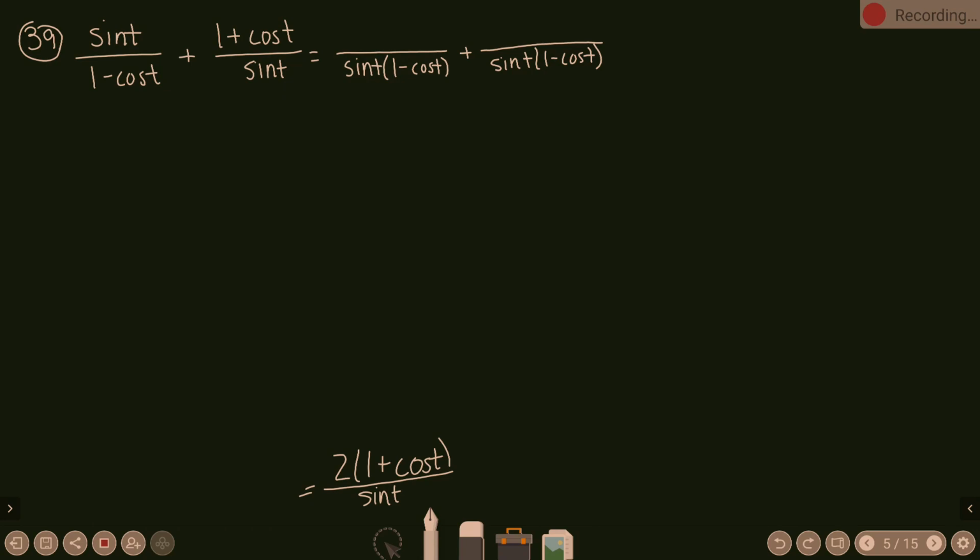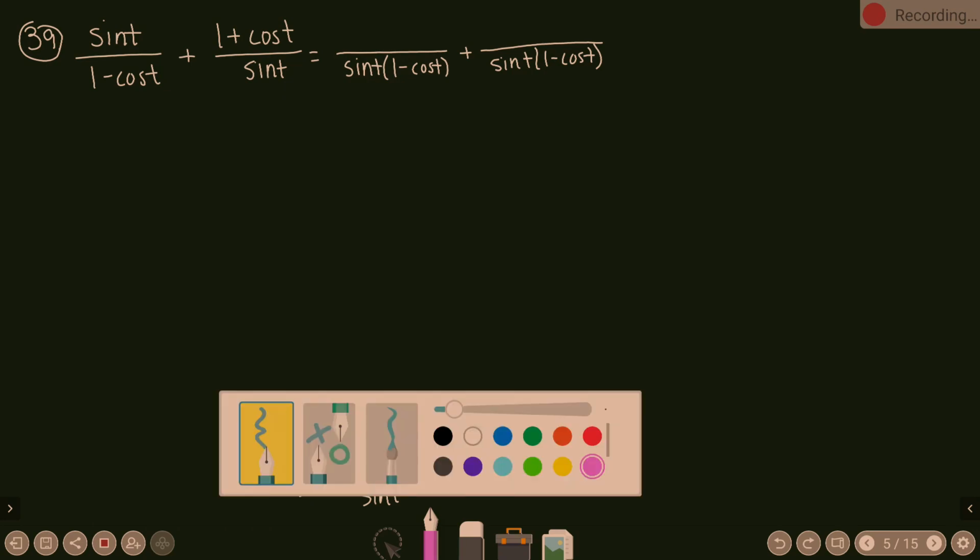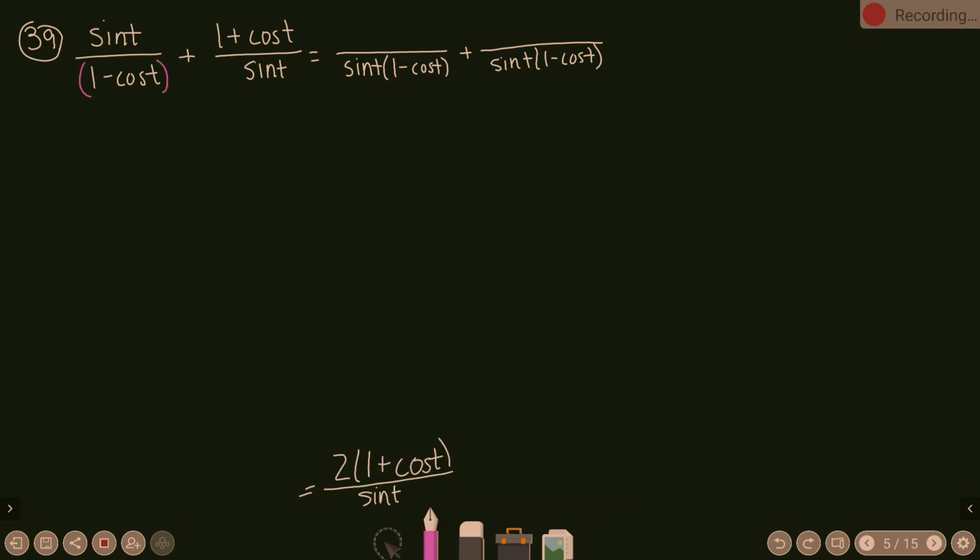First fraction, what is it missing? Sine t. It's missing the sine t. So I'm going to multiply the denominator by sine t, and that means I'm multiplying the numerator by sine t. What is sine t times sine t? Sine squared t? Okay.